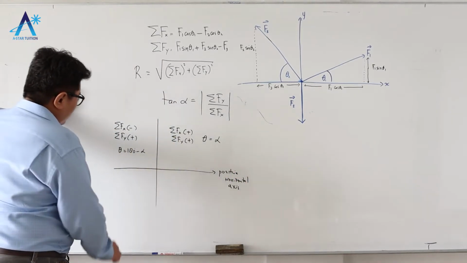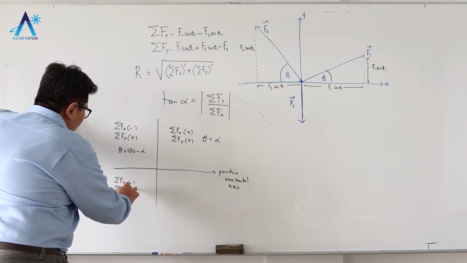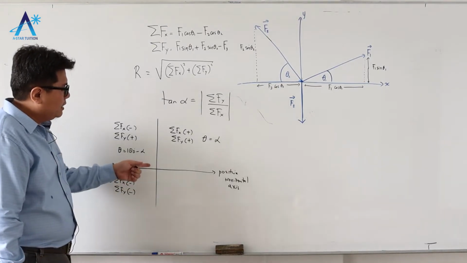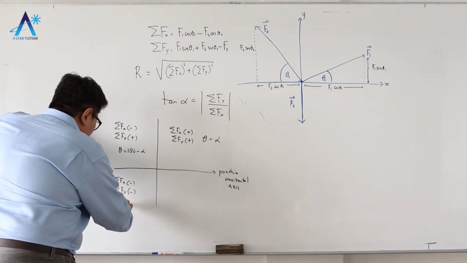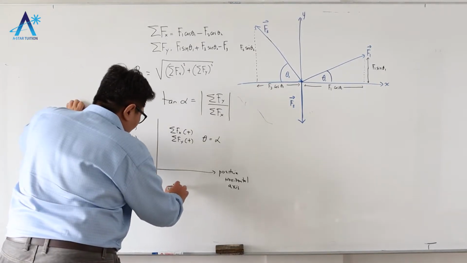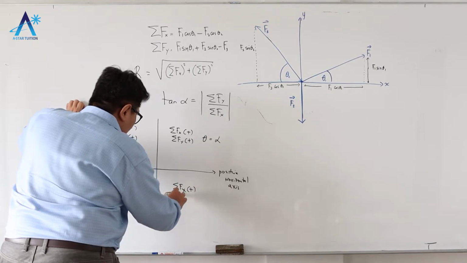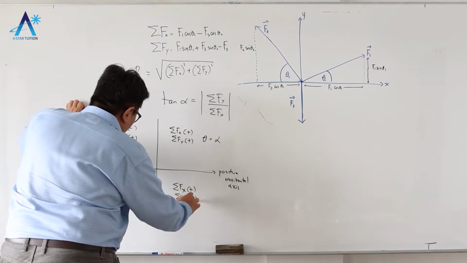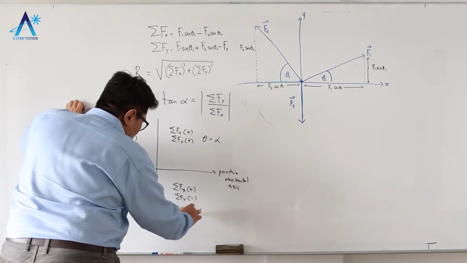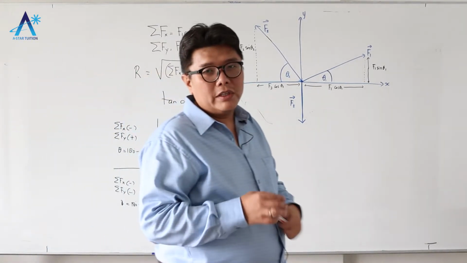If sigma Fx and sigma Fy are both negative, then the resultant force lies in quadrant 3, and theta is equal to 180 degrees plus alpha. And last, when sigma Fx is positive but sigma Fy is negative, then theta is equal to 360 degrees minus alpha, or you can just write it as minus alpha, because 360 degrees is equivalent to 0 degrees.